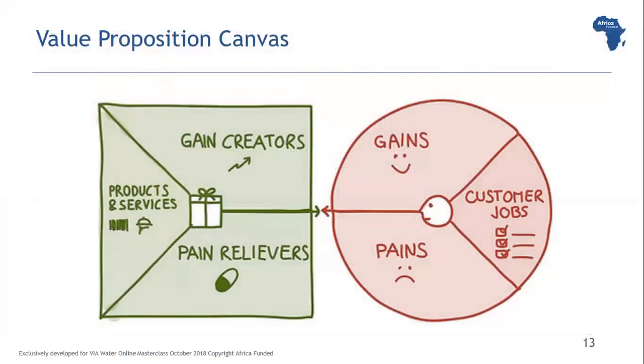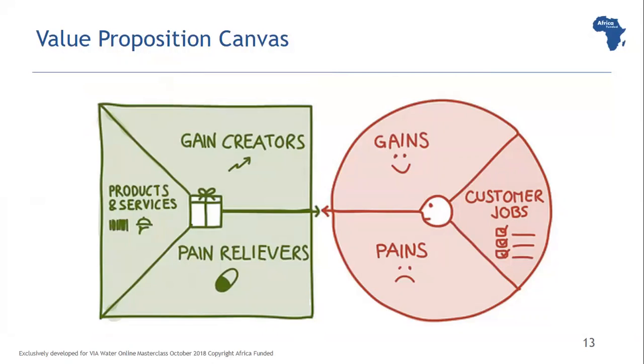If we put it in a model, there's the value proposition canvas, also developed by Strategyzer, the team behind the business model canvas, where they focus on the customer side. On the right side, you see the customer with the red circle, and on the far right side there are the customer jobs. This is about what the customer wants to do.